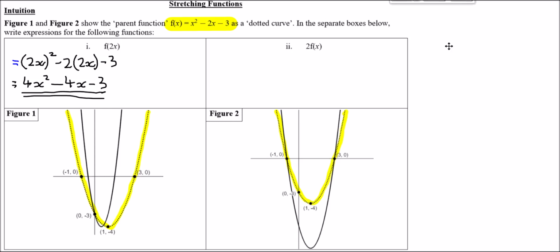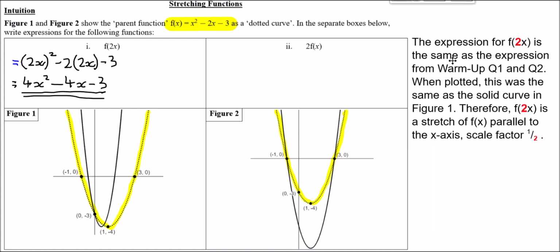Isn't that quite strange? So in words, the expression for f of 2x, like I've just said, it's the same as the expression from warm-up questions 1 and 2. When plotted, it was the same as the solid curve in figure 1. So therefore, f of 2x is a stretch of f of x parallel to the x-axis, scale factor 1/2.